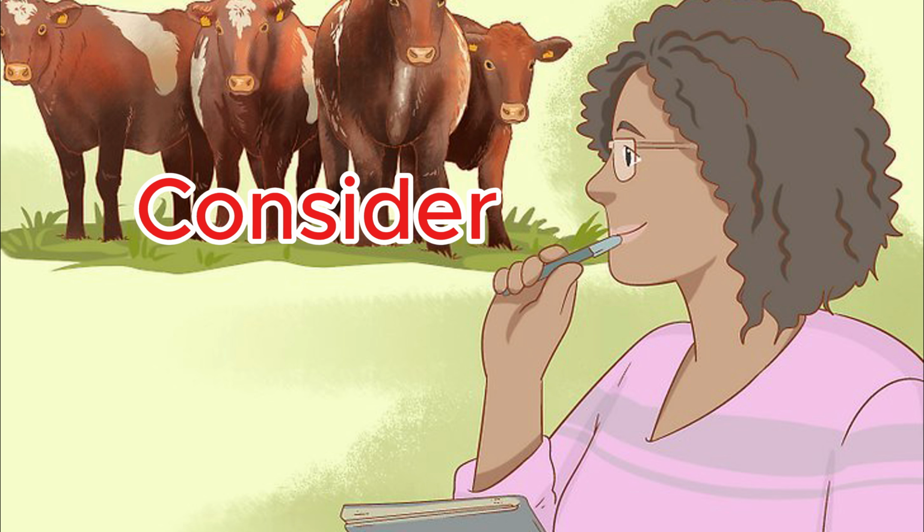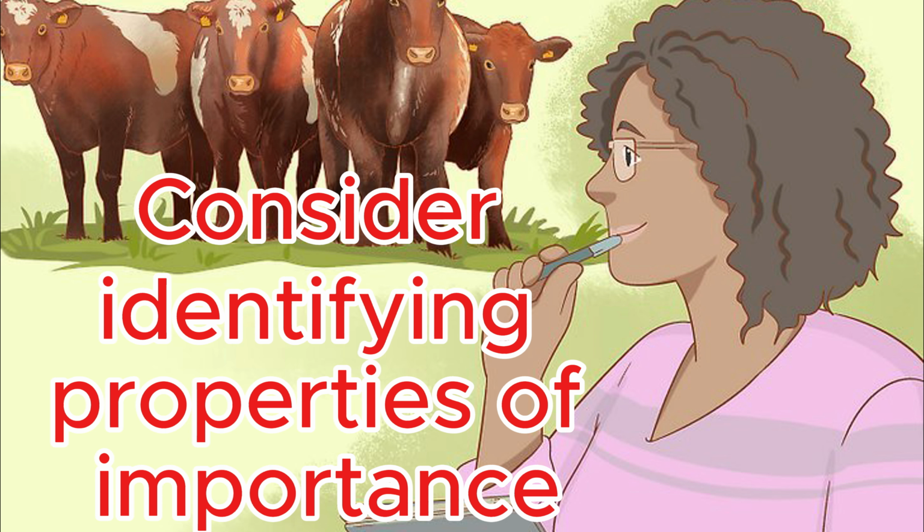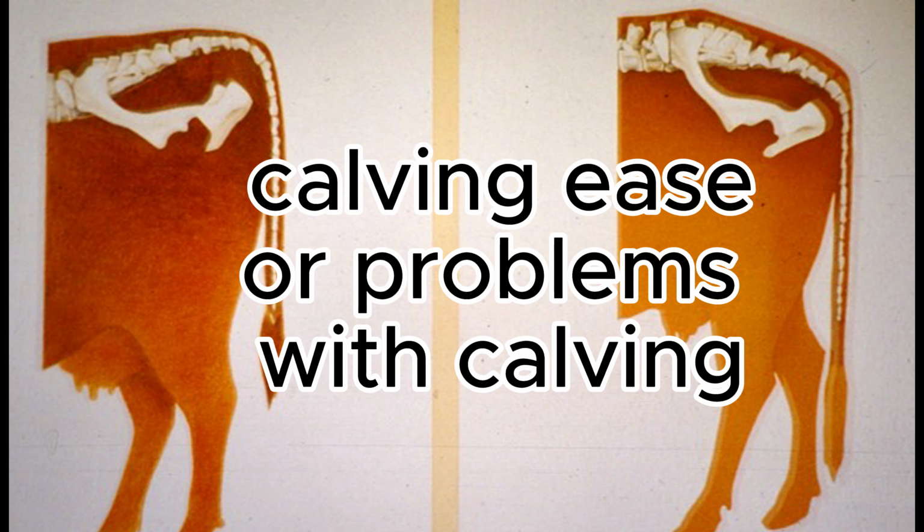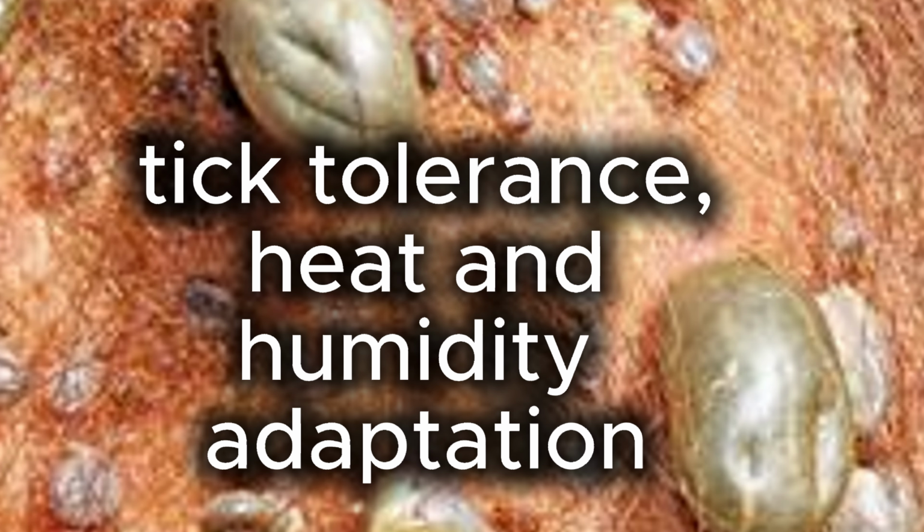These considerations are to identify properties of importance such as calving ease or problems with calving, tick tolerance, heat and humidity adaptation.